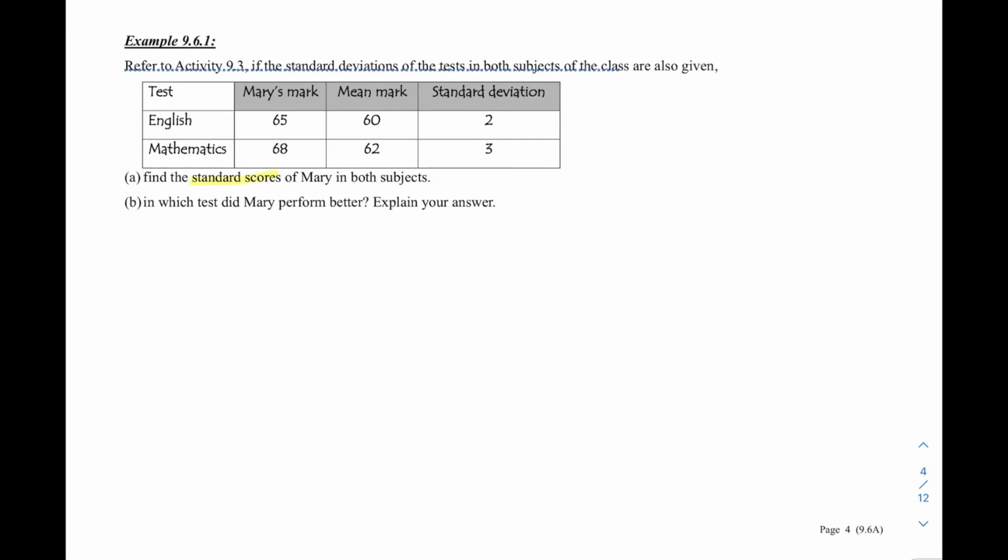So every time you see the standard score, just try to write down the formula for yourself as reference in the rough worksheet. Here we have the values of the datum, say for English, this is x, and the mean and the standard deviations.